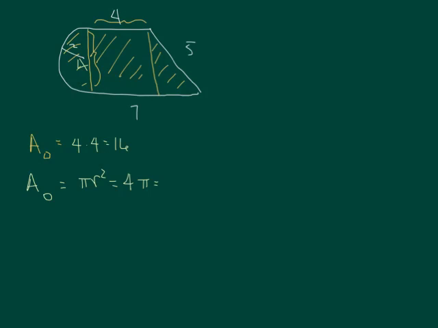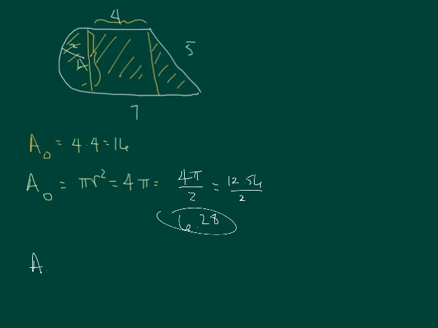But we only want half the circle, so we're going to take our 4 times pi and divide it by 2. So 4 times pi is going to be 12.56. I'm going to divide it by 2, and we get 6.28 for the area of the half circle.